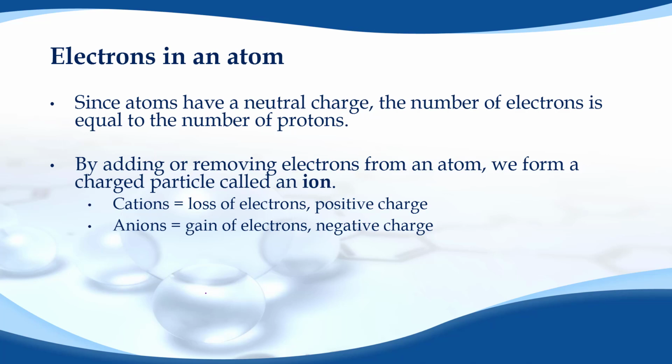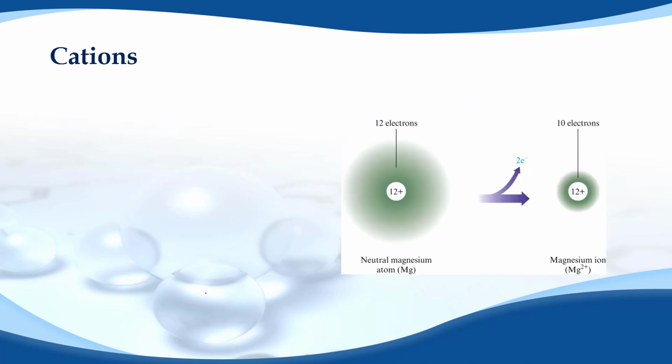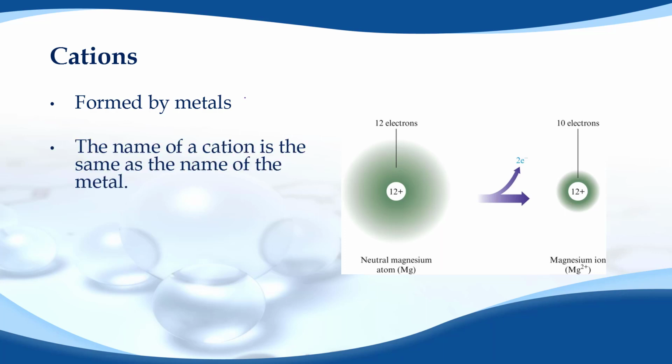Right, so we'll start off with cations. So cations typically are formed by metals. Metals lose electrons, so metals are losers. The name of a cation is the same as the name of the metal that creates it, right? So we have on the left our magnesium atom, which is 12 protons and 12 electrons. If we take away a couple of electrons, we get what's called the magnesium ion, which is Mg with a +2 charge.